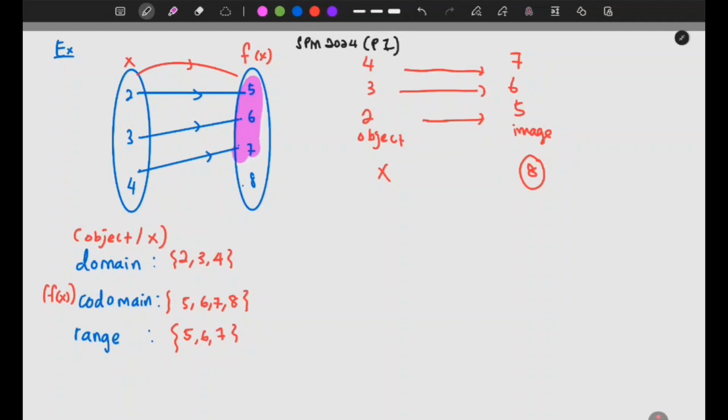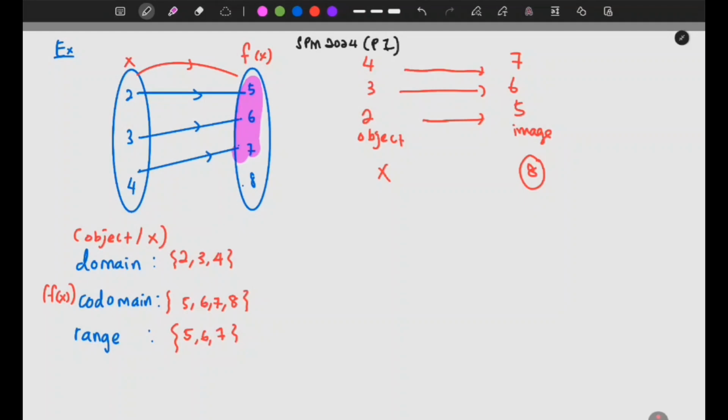So focus a bit more on theory. At the same time, focus on the problem solving questions, because that's where you get very high marks. But the main thing is problem solving. At the same time, understand theoretical questions, because they can easily make them complicated. So this question was asked in SPM 2024 paper 1. Not exactly the same numbers, but it's a similar type of question. The pattern of the question is the same. So don't ignore this type of question.